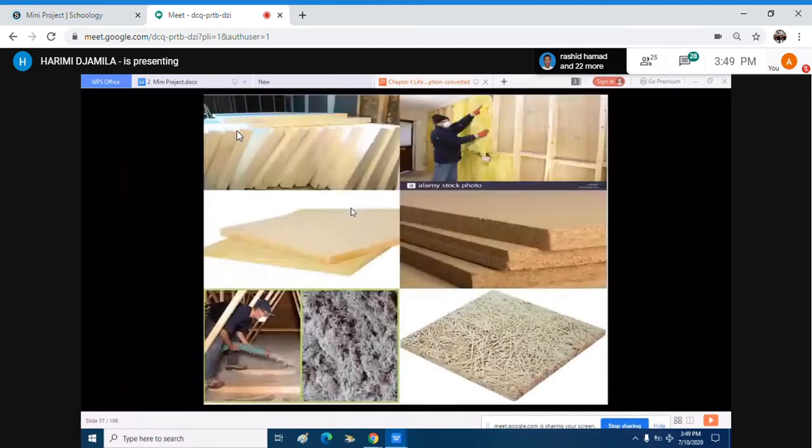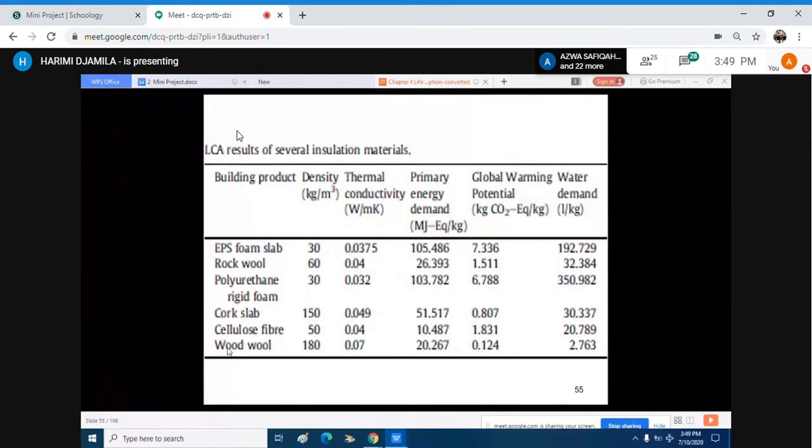All right, if you have here the different building products, in fact insulation, it has various density. It has various thermal conductivity. The lowest thermal conductivity is better in terms of insulator material.